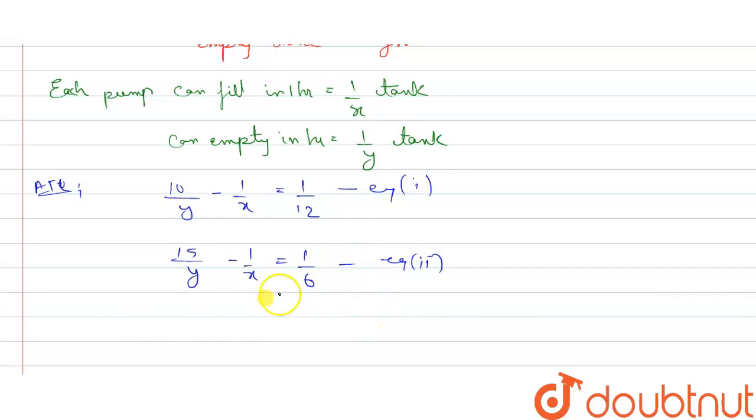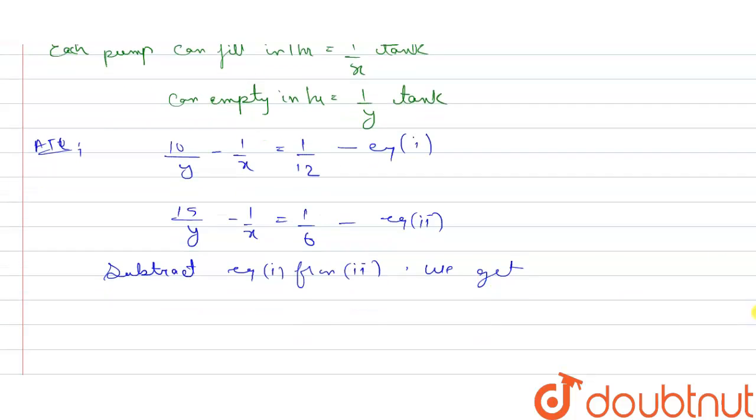So we will subtract equation first from equation second. We will get 5 upon Y equals to 1 upon 6 minus 1 upon 12.